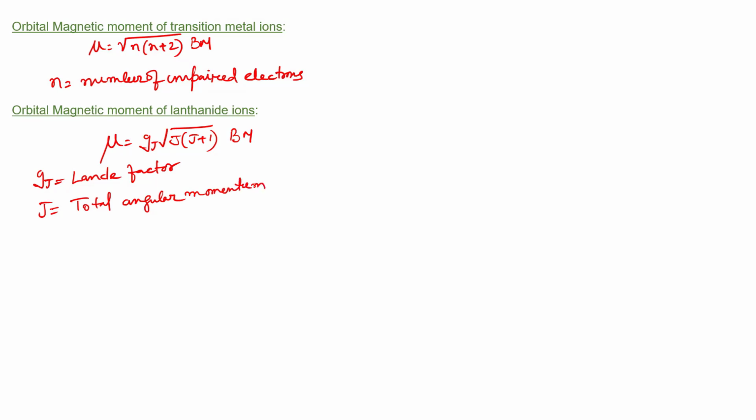The reason behind this difference in calculation of magnetic moment between transition metal ions and lanthanide ions is the spin orbit coupling, which is usually called Russell-Saunders coupling.